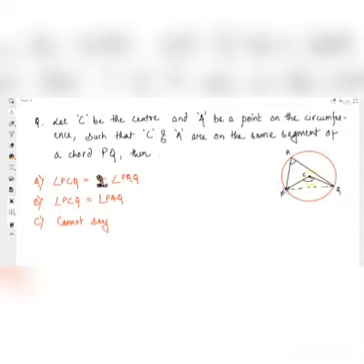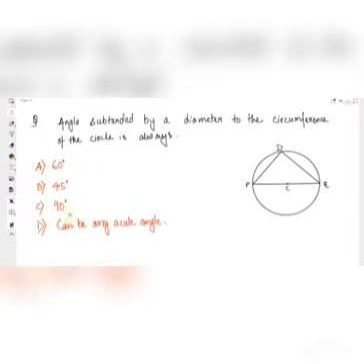So this PCQ is 2 times of this. That means what should be the right answer is PAQ is half of angle PCQ. This is the right answer. Okay, fine.